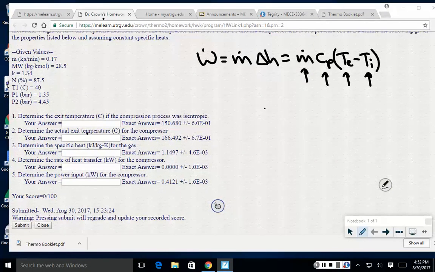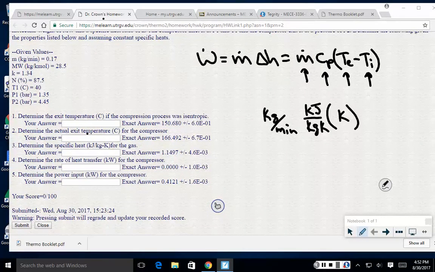Of course, the units depend on, we want it in kilowatts, so we have m dot in kilograms per minute times specific heat, which is kilojoule per kilogram Kelvin. Even if we use degrees C, the temperature difference in Kelvin is the same as in degrees C, so either way we do it, we're going to have Kelvin.